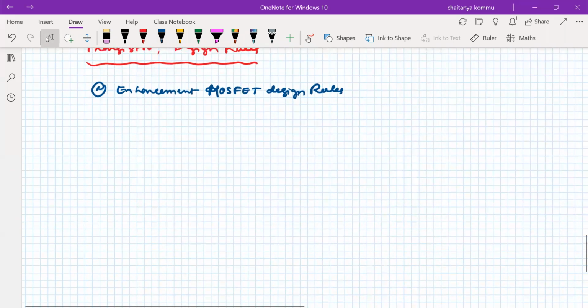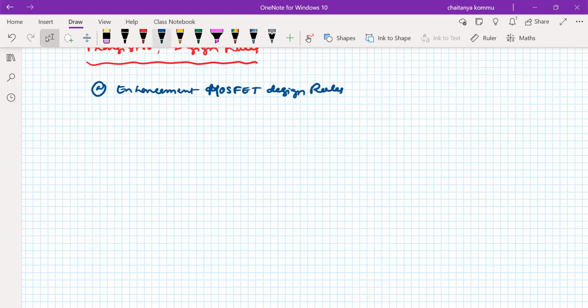Okay, so what is the stick diagram for the NMOS transistor? Something like this: green diffusion and a polysilicon. When we apply the design rules for this one, what will form here?